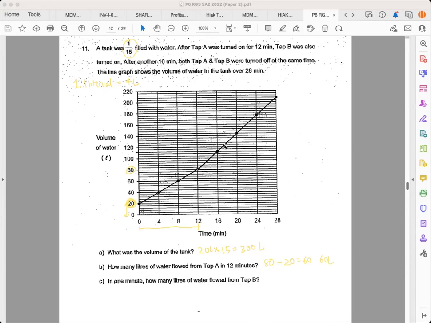Next. In 1 minute, how many liters of water flowed from tap B? Okay, let's do it here. This working is a bit long, so let's do it on this side.